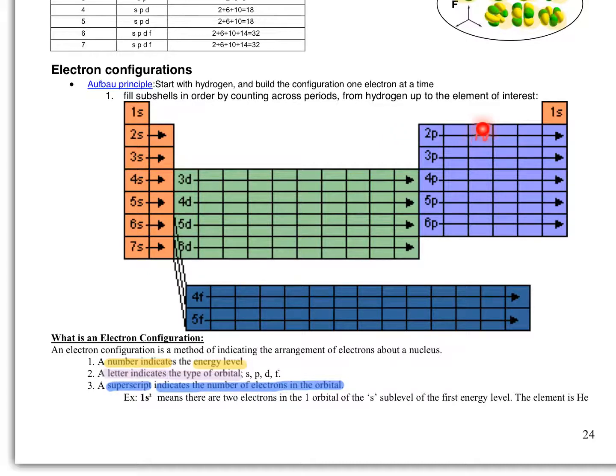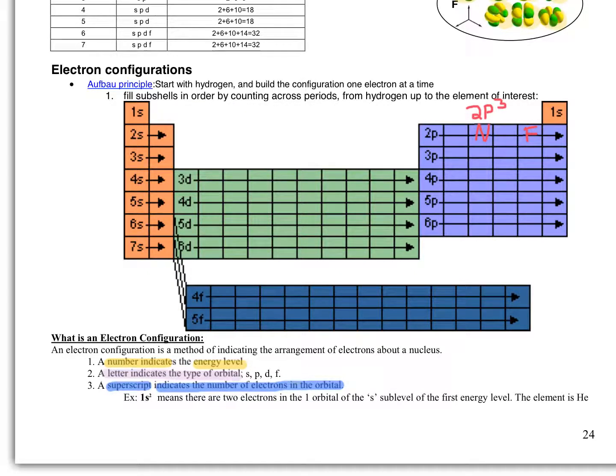So the location of nitrogen is at 2p3. 2 for being on the 2nd energy level, p for being in the p block, and we go down 3 blocks.